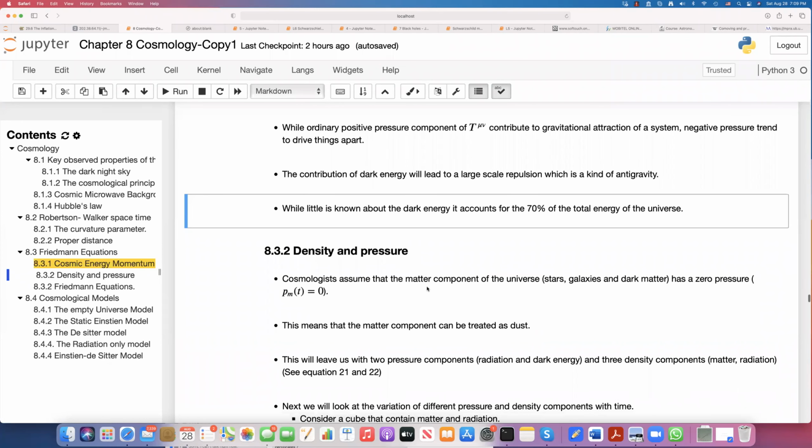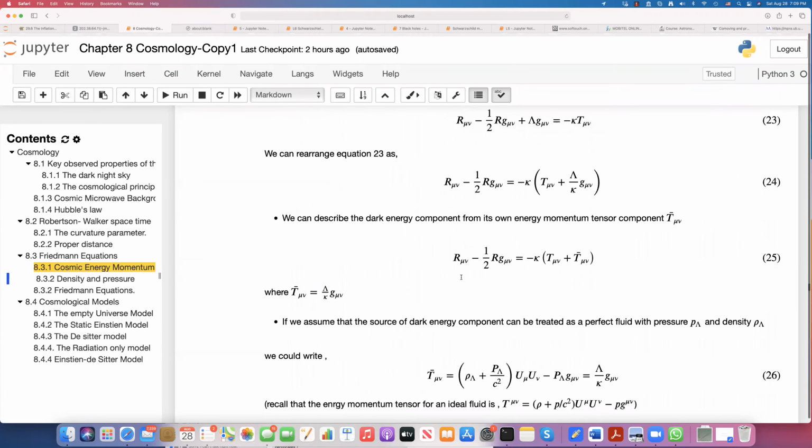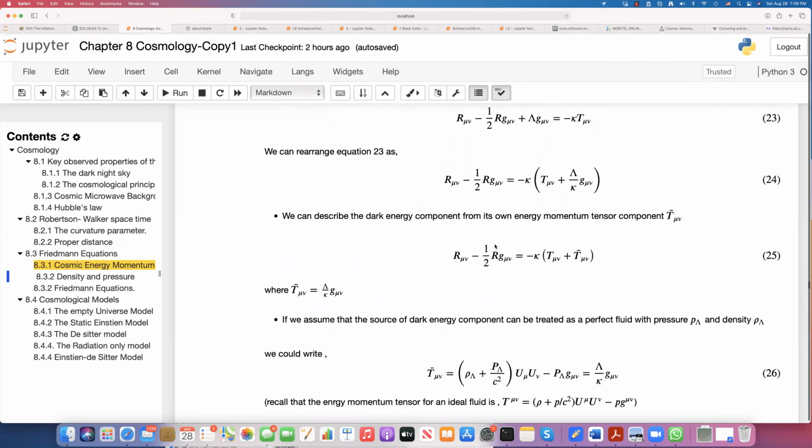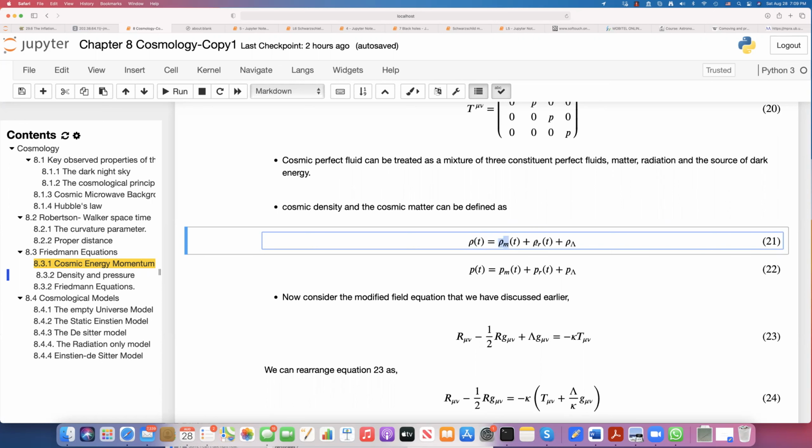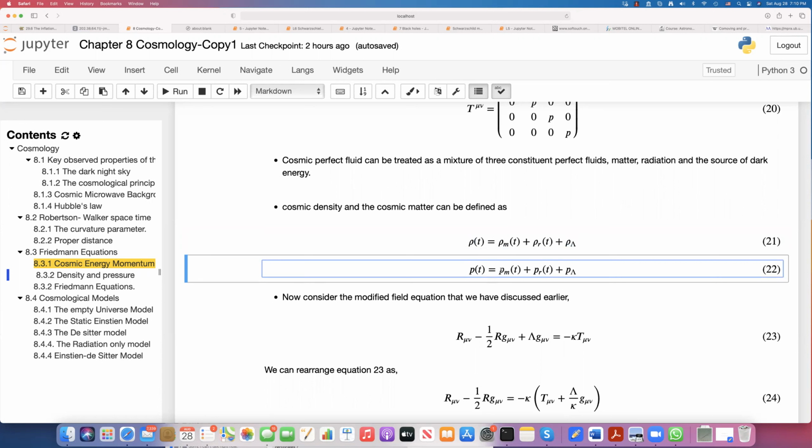So that means for the matter component of the universe, we assume that we don't have any pressure, so there will be zero pressure for the matter component. What that means is, if you go back to 21 and 22, the proper density is given as the matter density, radiation density, and the density from the dark energy source. That's okay, you can keep it like that. But the pressure again comes from the matter, radiation, and the dark energy.